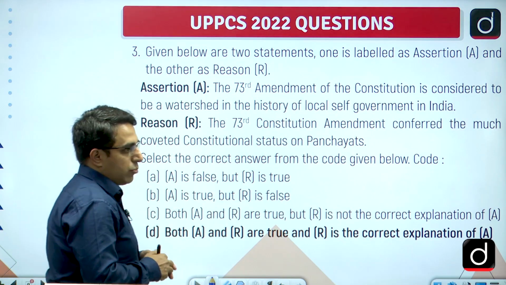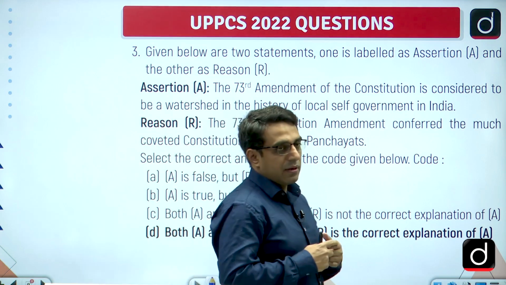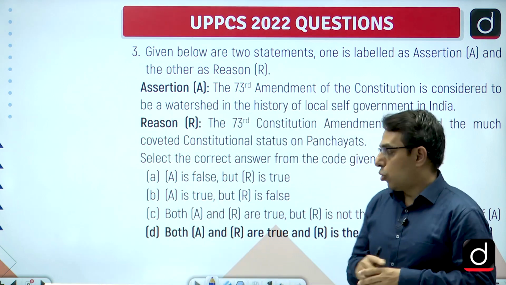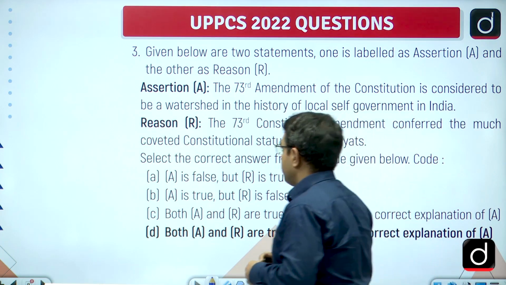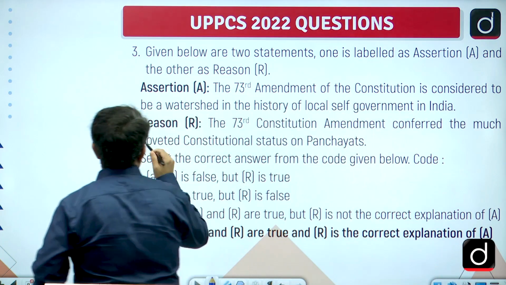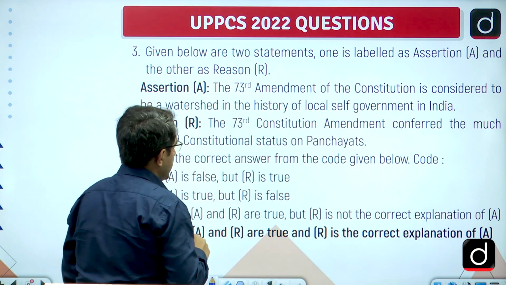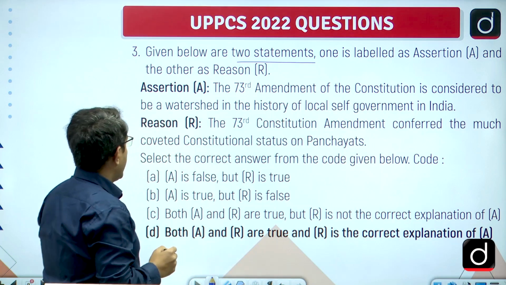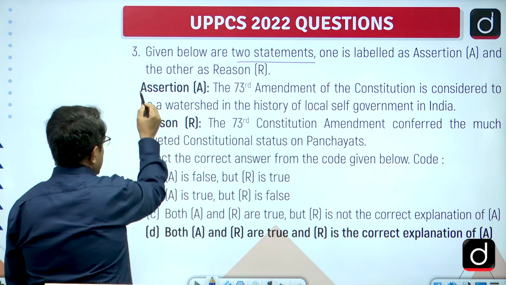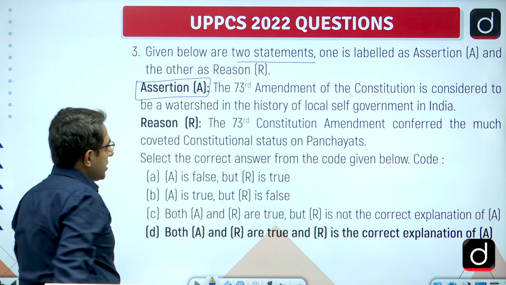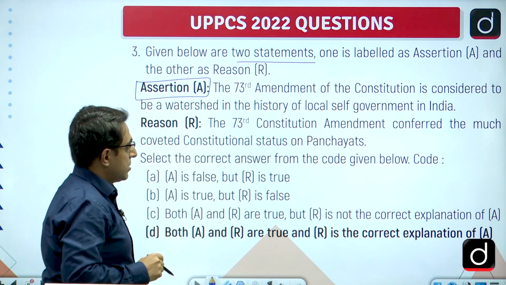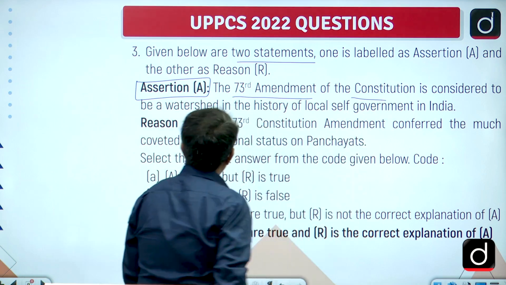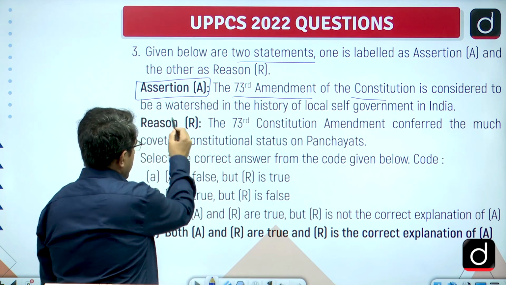Then let us come to question number 3, and here the format of the question is assertion reasoning. Let us see this type of question. Here it says, given below are 2 statements, one labeled as assertion and the other as reason, right. So, what is the assertion? The assertion is: the 73rd amendment of the constitution is considered to be a watershed.